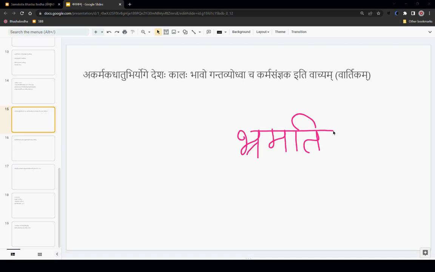छात्रः उद्यानं भ्रमति. Why udyanam brahmati? It is like chalati, right? Wandering. Instead of going to school, they are wandering in the park. In the park, right?